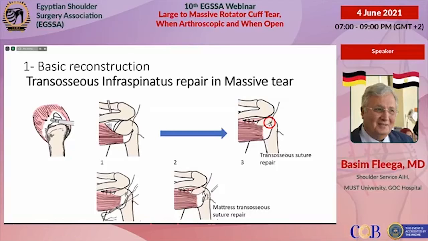So we suture it and fix it here up. Afterwards, we see if there is any larger tear downstairs. We can suture it with so-called transosseous humeral matrix suture repair by passing the suture with K-wire through the bone and tying two sutures anteriorly to make a matrix repair.